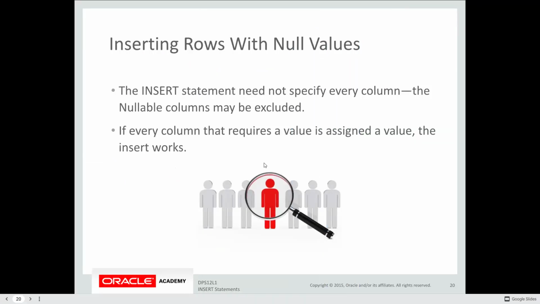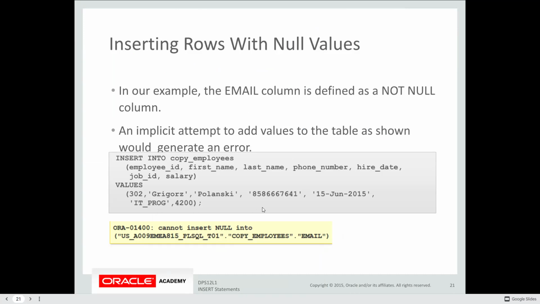And just remember that. If you do not provide data for a not null column, you'll get an error message. Basically, it cannot insert null into whatever the column is. That column is said to be not null. Yeah, you'll get an error message like this. So you do have to provide a value.